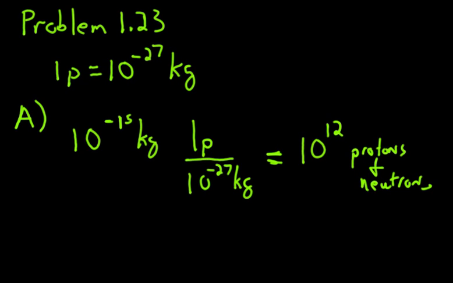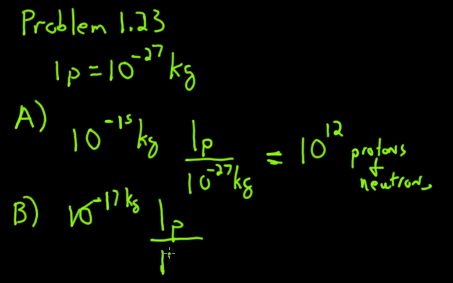Now for part B, it wants us to look up how many protons and neutrons are in a DNA molecule. Same thing, we go to our little chart, and DNA has 10 to the negative 17th kilograms. I use the same conversion, 10 to the negative 27th kilograms.